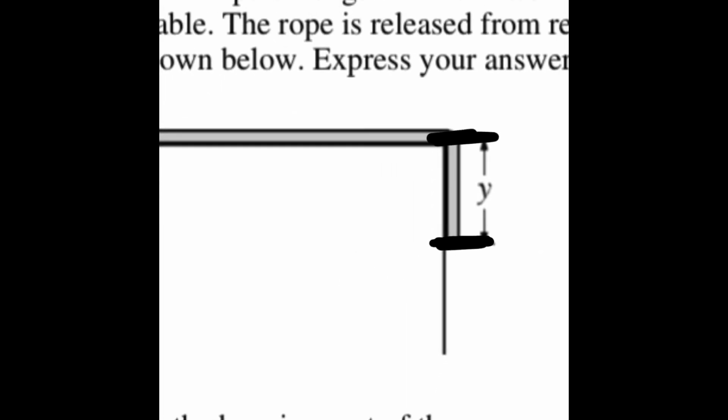So here's how we can think about this. Just think about it as a ratio. Total mass of the system divided by L is going to be equal to this portion of the mass divided by y. All right? I can rearrange this and solve for this m, which represents this mass.